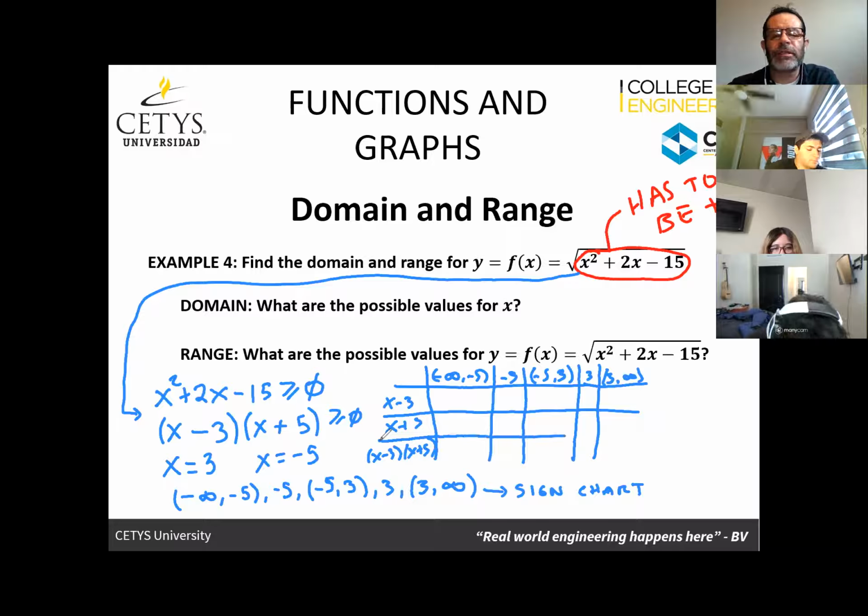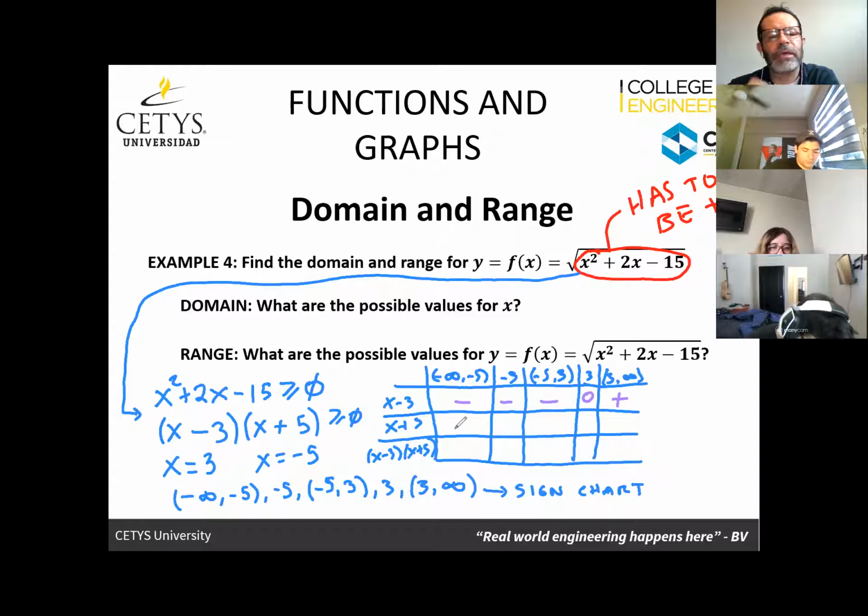There's actually a very simple method where we can find the domain of a parabolic function. We're going to see that in a bit. Here, Anna, help me out so we can fill this in real quickly. X minus 3. Go ahead. Negative, negative, negative, and 0, 0, and positive, positive.